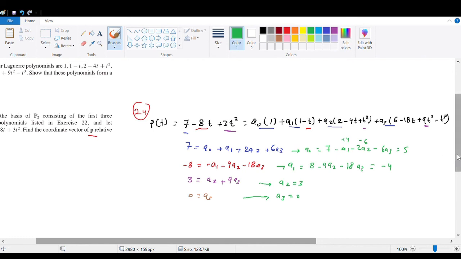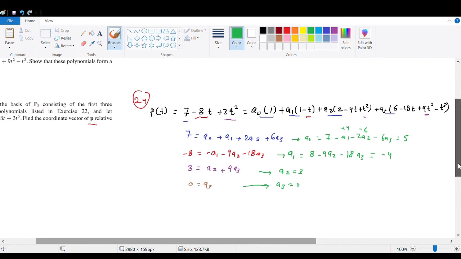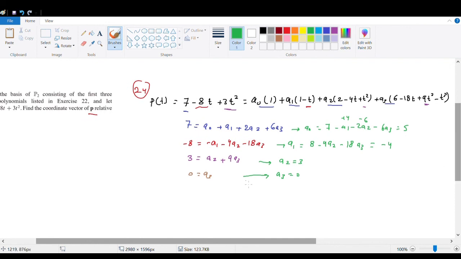So the coordinate vector of this one, P D, is equal to 5, minus 4, 3, 0.